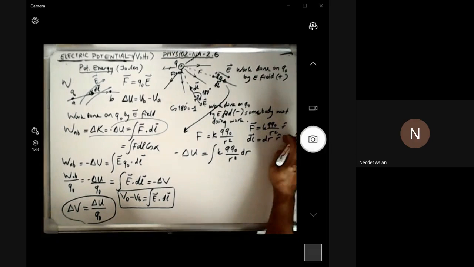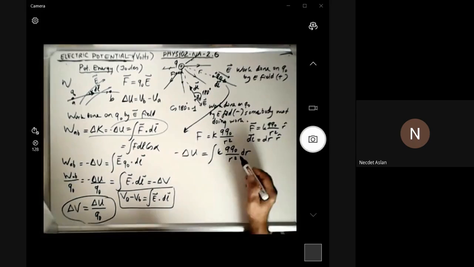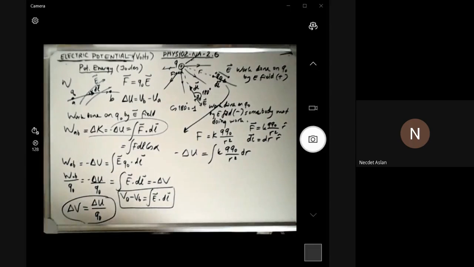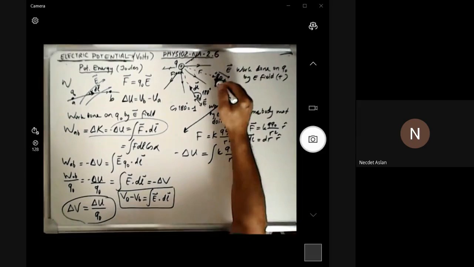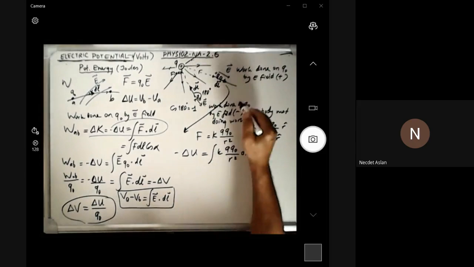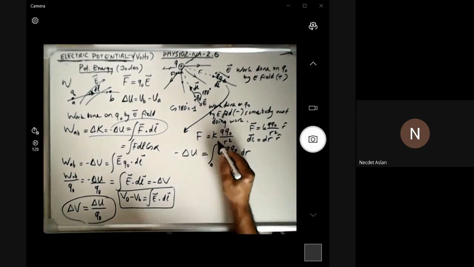When you take the dot product, R unit vector dot R unit vector gives you 1. The good thing about these two vectors is that they are both in the same direction. We are considering this case. So all we have to do is integrate this from A to B.